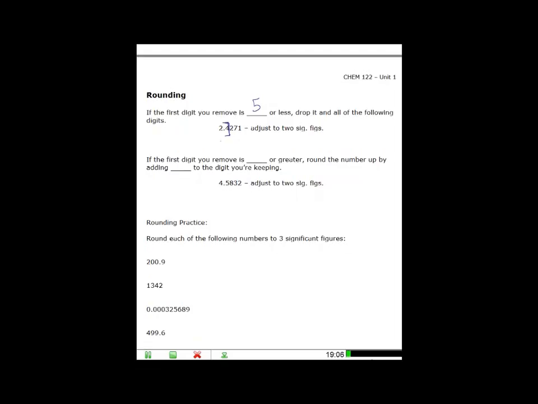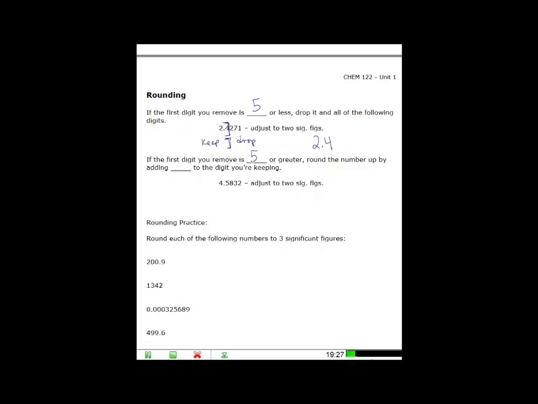So I'm going to keep these on this side, and I'm going to drop these on this side. So it would be 2.4.